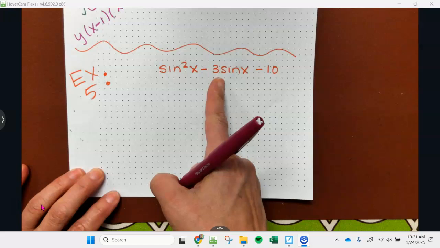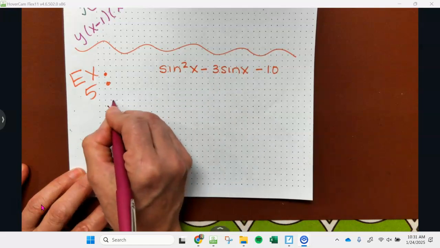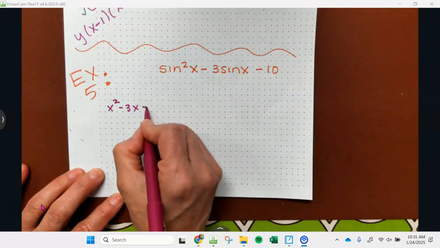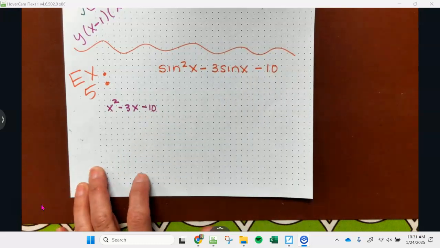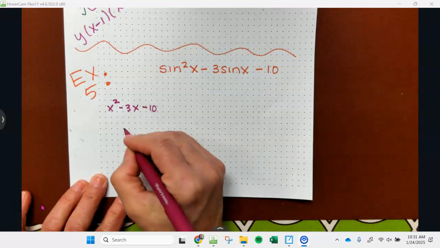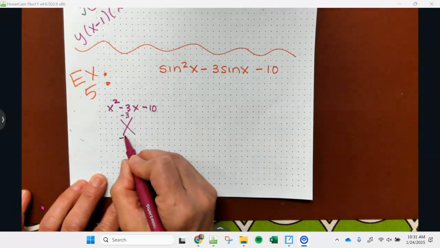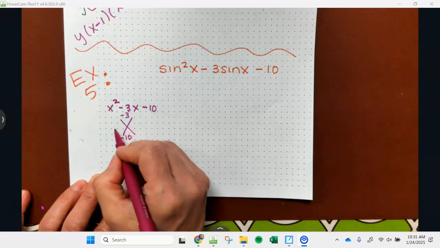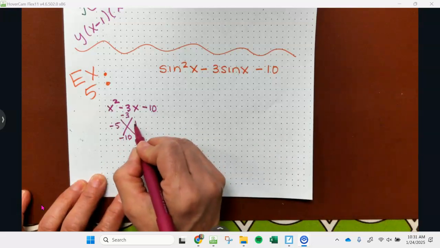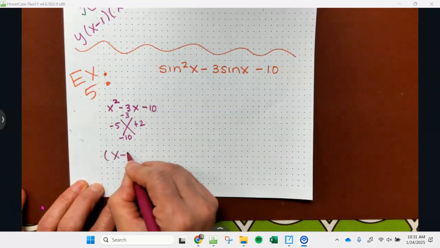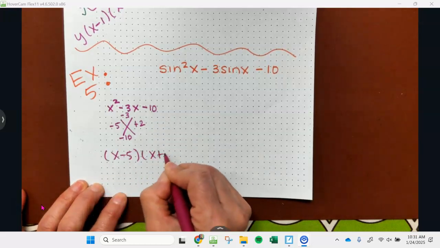You're going to factor this the same way you would factor this. Minus 10. Alright, so we need numbers that add up to a negative 3 but also multiply to a negative 10. That's going to be a negative 5 and a positive 2. So if I factored this, it would be x minus 5 and x plus 2.